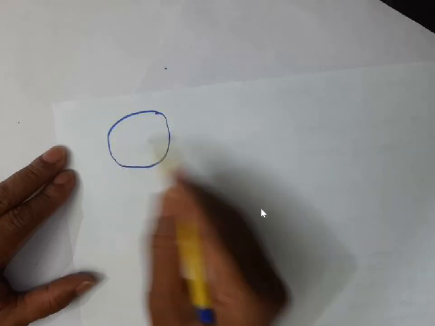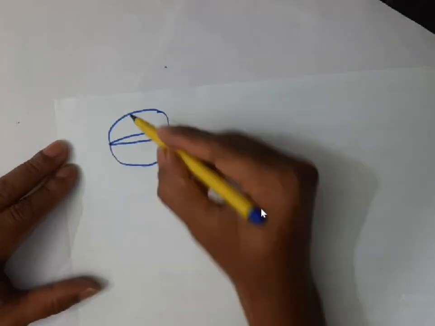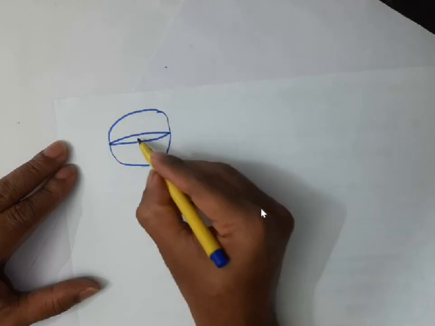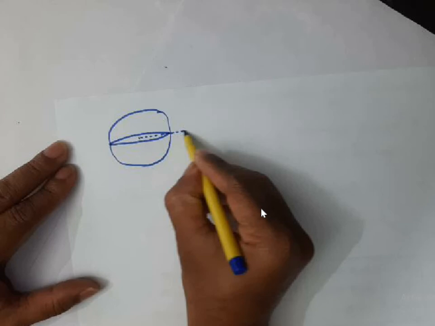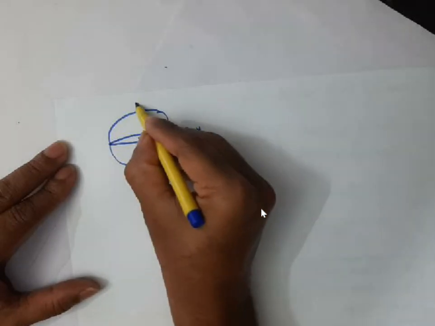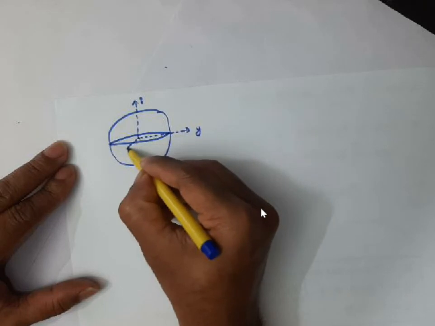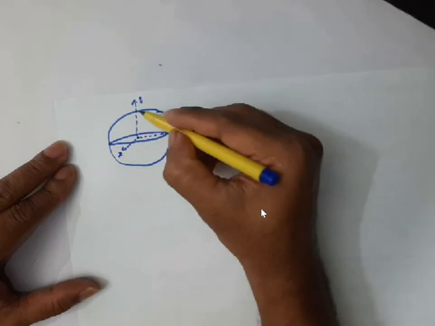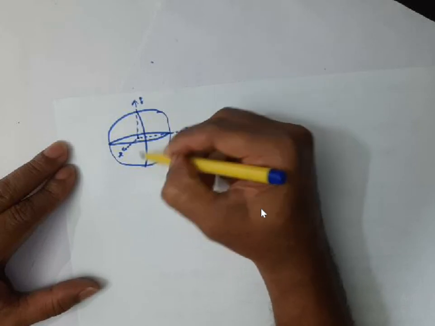Kindly bear with me. I'll represent the sphere like this. This is the origin, and I'll take this axis as the y-axis, this axis as the z-axis, and this axis as the x-axis. Let me draw like this.